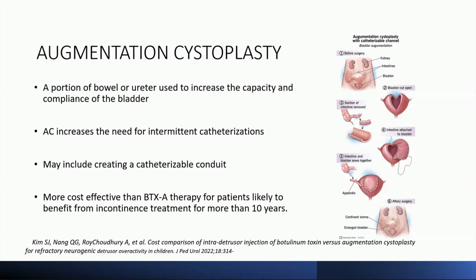So this increases the need for intermittent catheterization, and in those who are not able to perform it transurethrally, a Mitrofanoff is added as a procedure, and it has been seen that in the long term, it is more cost effective than Botox therapy for patients who are likely to benefit from incontinence treatment for more than 10 years.